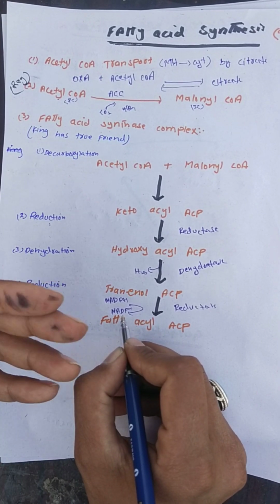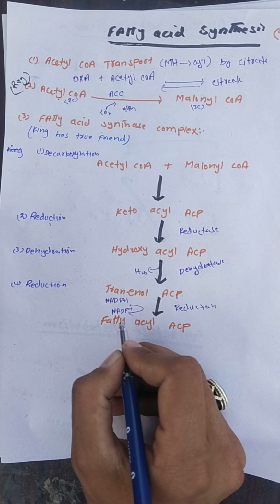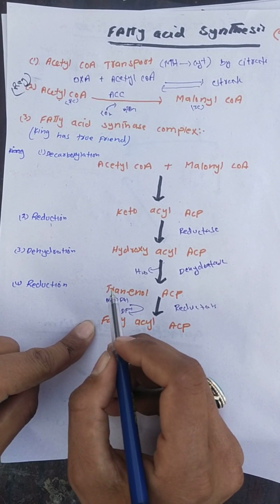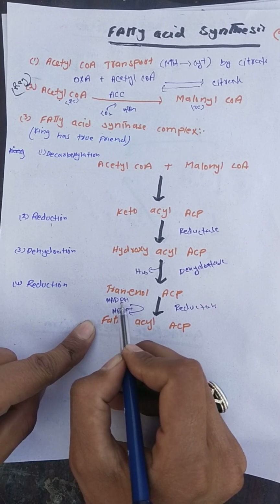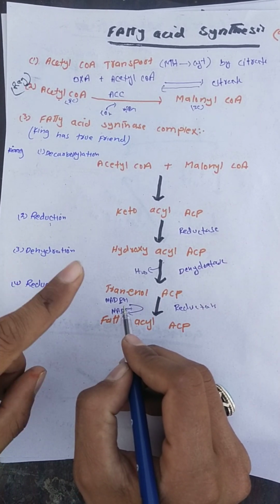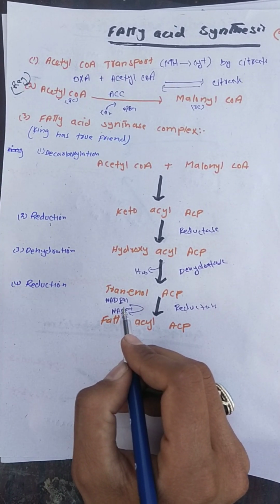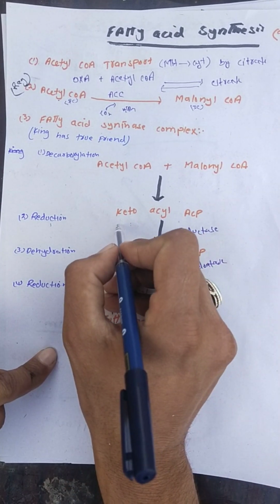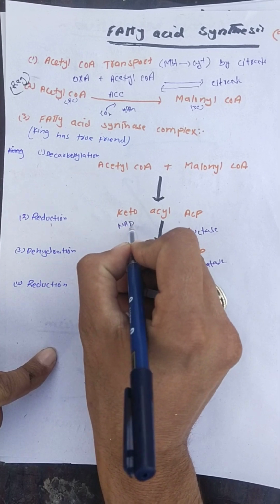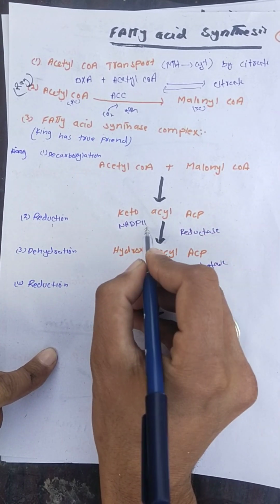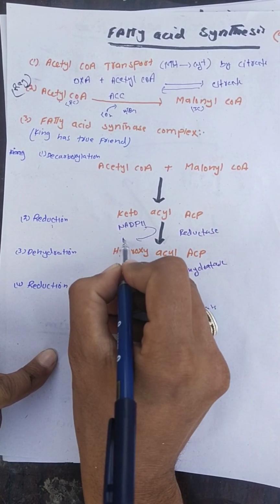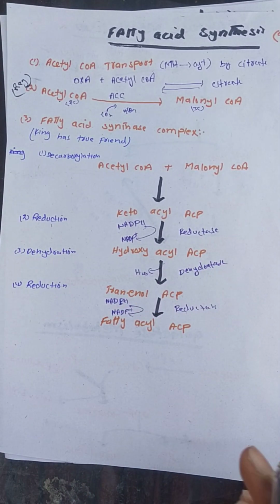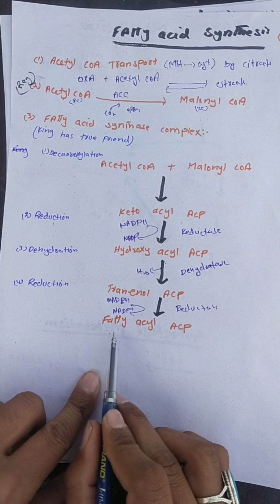In the previous video I told you this NADPH comes from the HMP shunt, also called PPP, the pentose phosphate pathway. Here NADPH is again used for the reduction and converted into NADP positive. Hydrogen is added, so it is reduction, and we get the fatty acyl CoA.